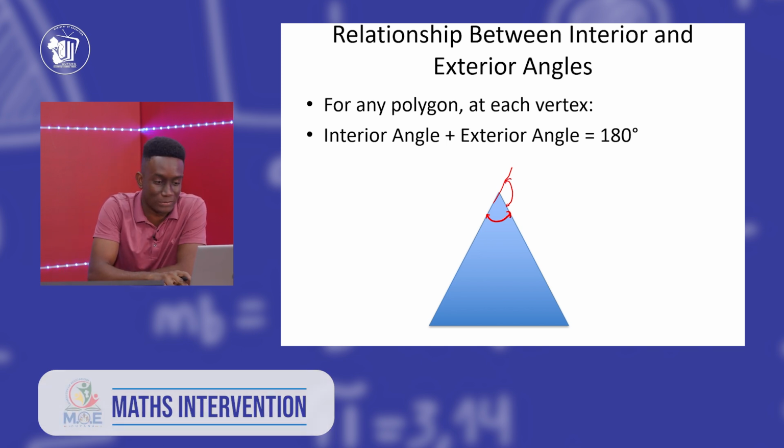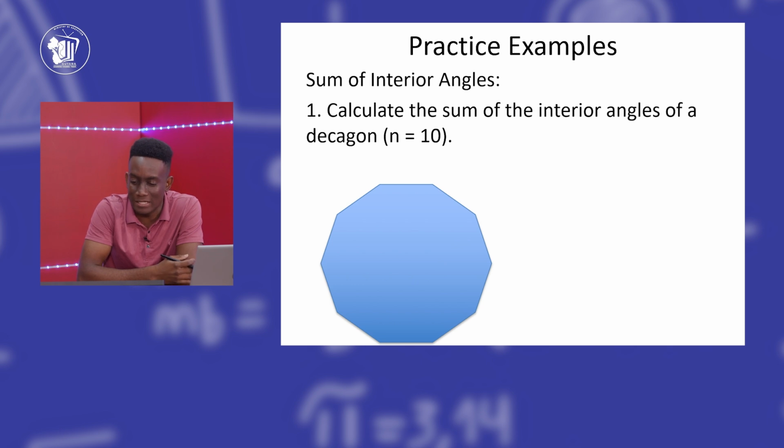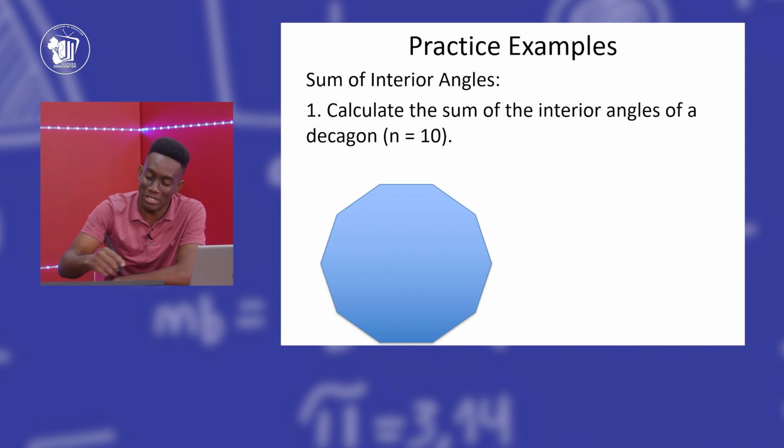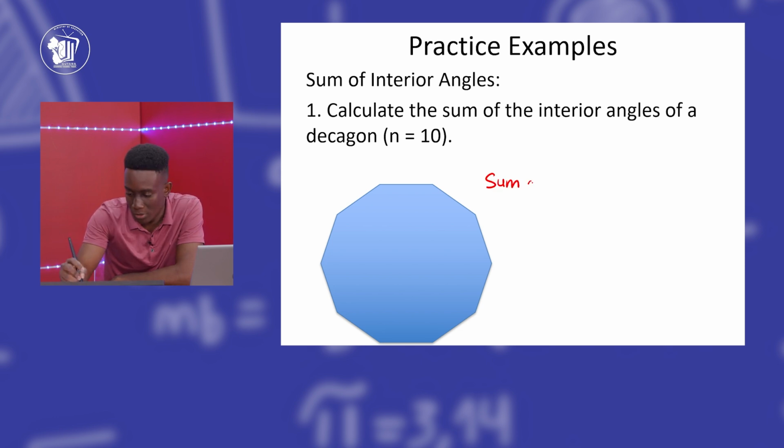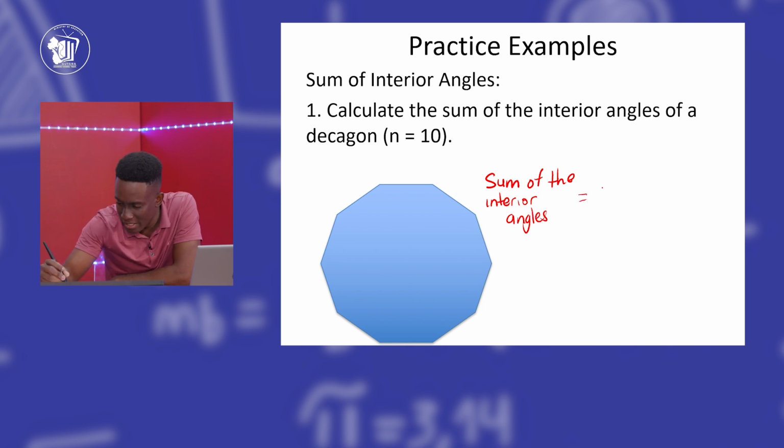So let's look at some practice examples. Calculate the sum of the interior angles of a decagon. We know a decagon has 10 sides. We can check how many triangles can be formed from the shape, or we can use the formula. The sum of the interior angles is (n minus 2) multiplied by 180.